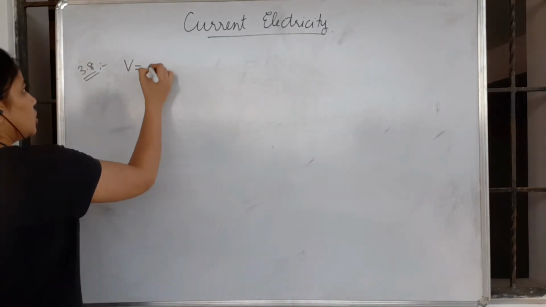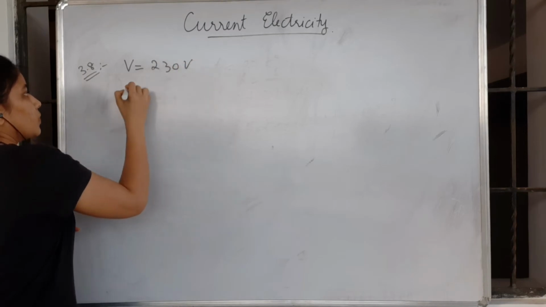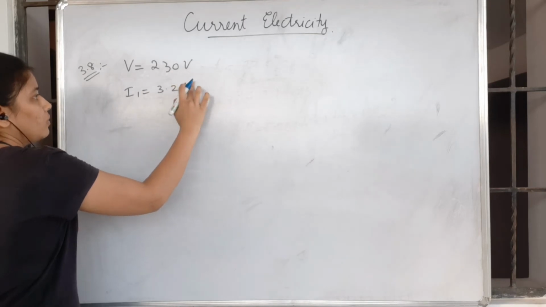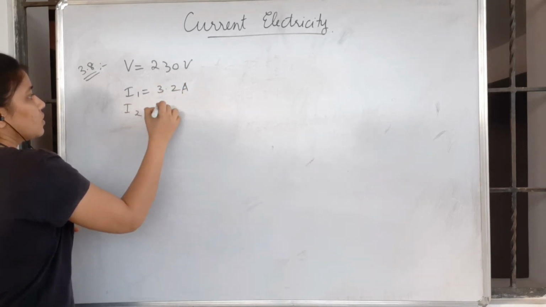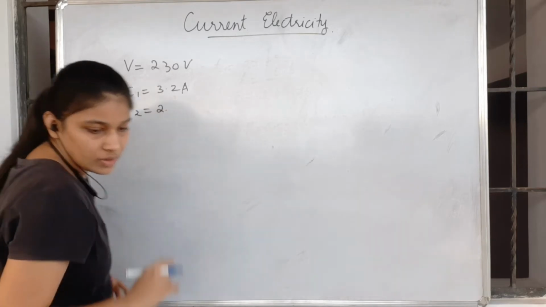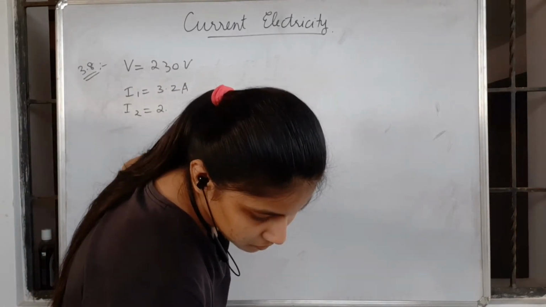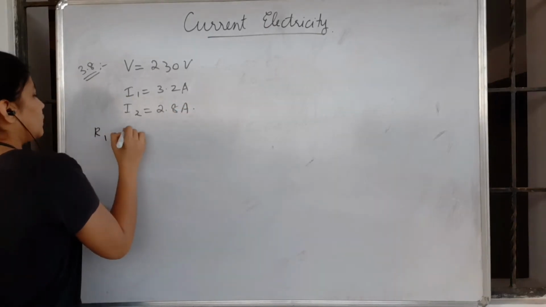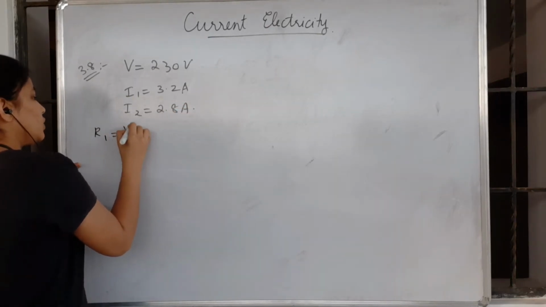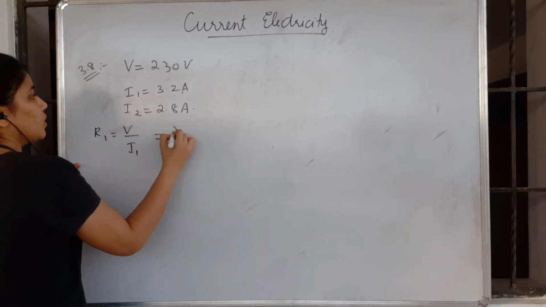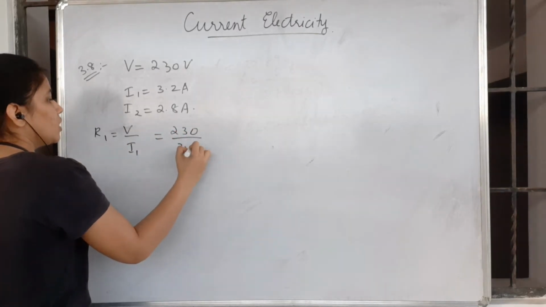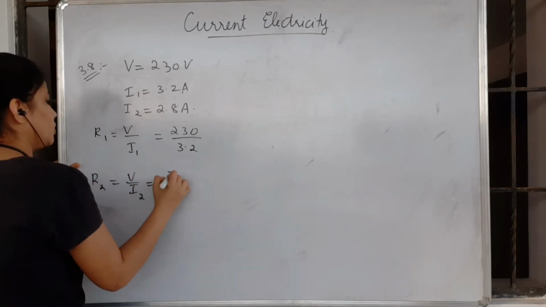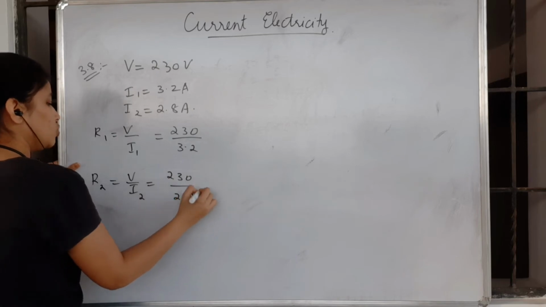First, voltage is given as 230 volt, the current I1 is 3.2 ampere and I2 is 2.8 ampere. So what will be R1? R1 is equal to V by I1, that is 230 divided by 3.2, and R2 is equal to V by I2, which is 230 divided by 2.8.